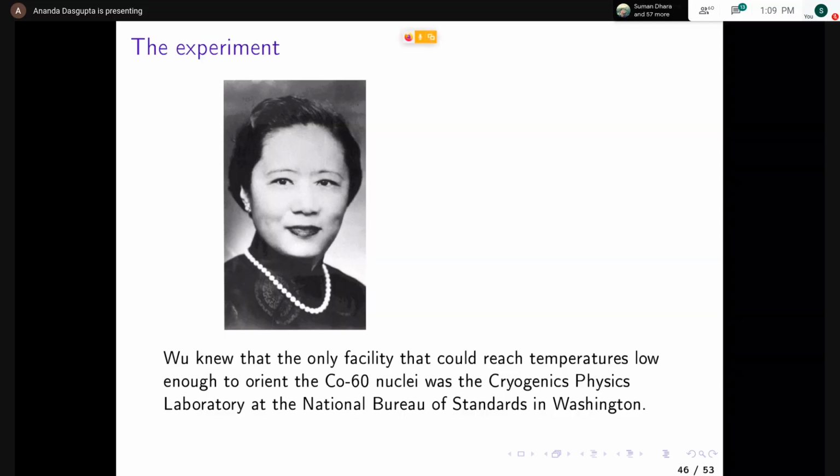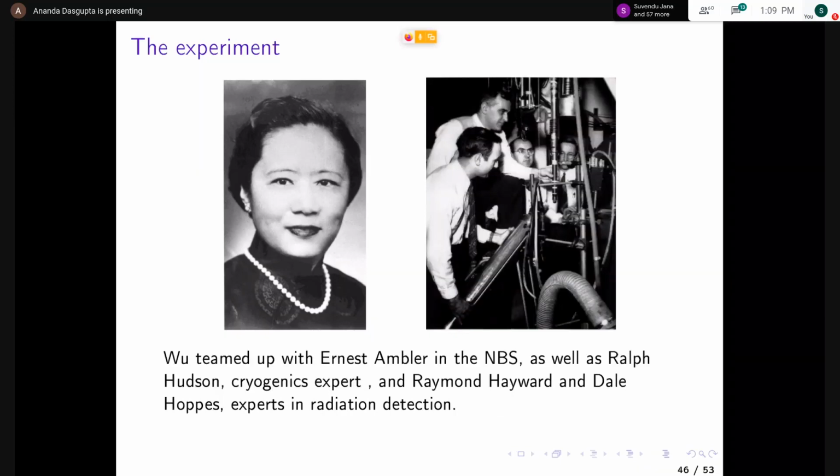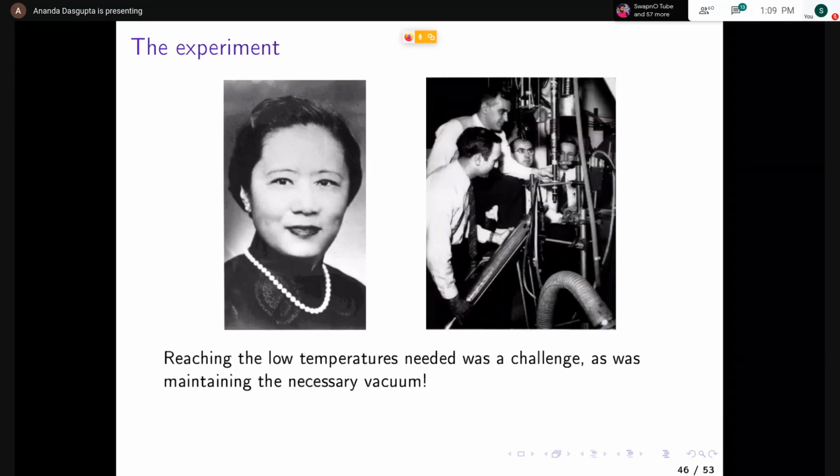In Wu's time, in 1956, this was a very, very complicated thing to do, cutting near the edges of the technology available. And the team ultimately came up with an experimental setup. And of course, the real challenge was reaching the low temperatures, also maintaining the vacuum necessary so that the gas molecules will not knock the cobalt-60 nuclei helter-skelter and so on.